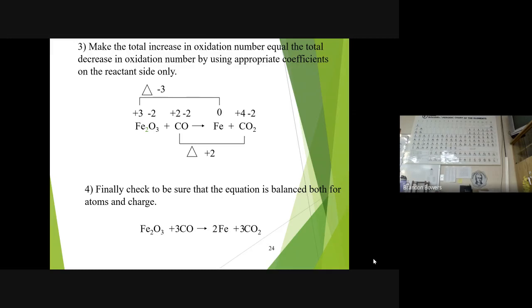Right here, I only have 1 carbon. So I only gain 2. I only go up 2. I'll just say loses 6. I only gain 2. So if this loses 6, I have to gain 6 down here. What do I have to multiply this bottom part by?